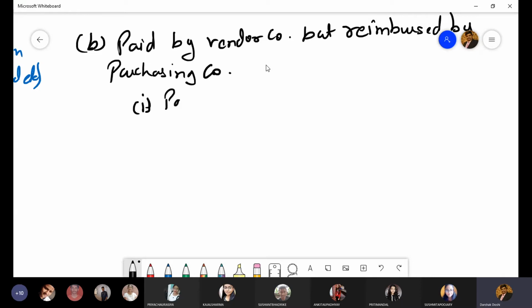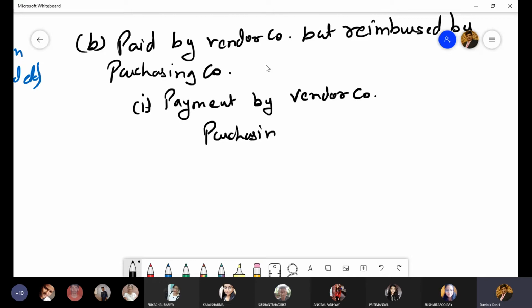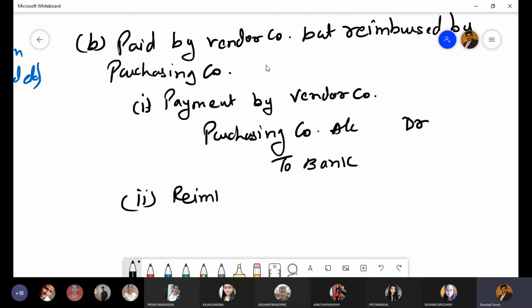So the first entry for payment by vendor company will be purchasing company account debit to bank, and then for reimbursement by purchasing company, it is receiving of money from purchasing company.